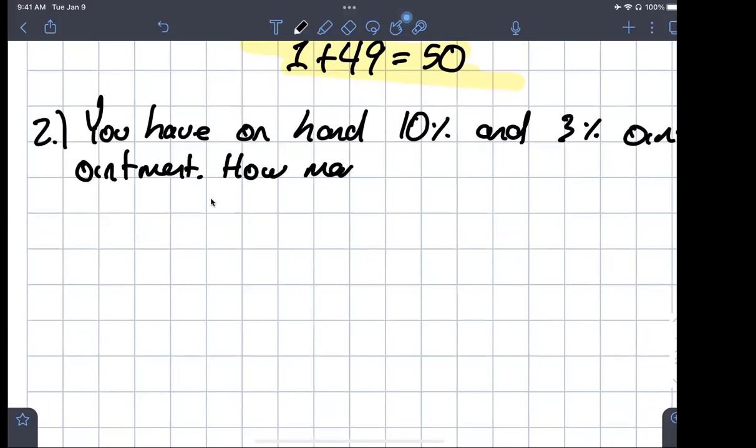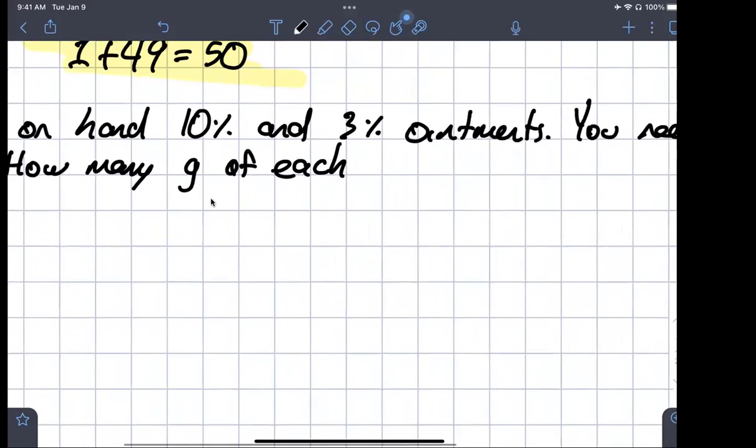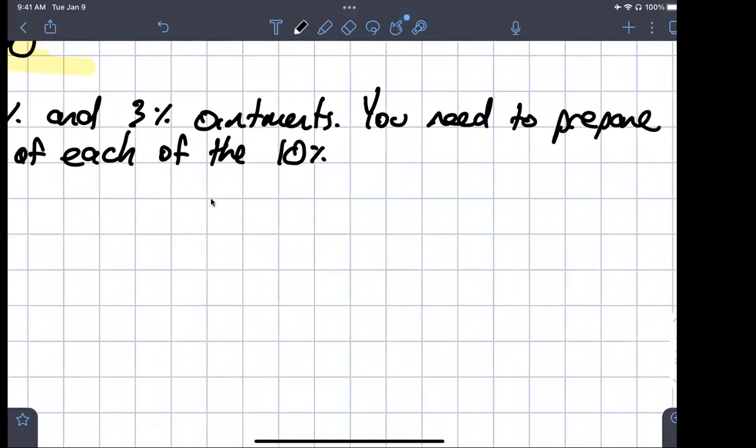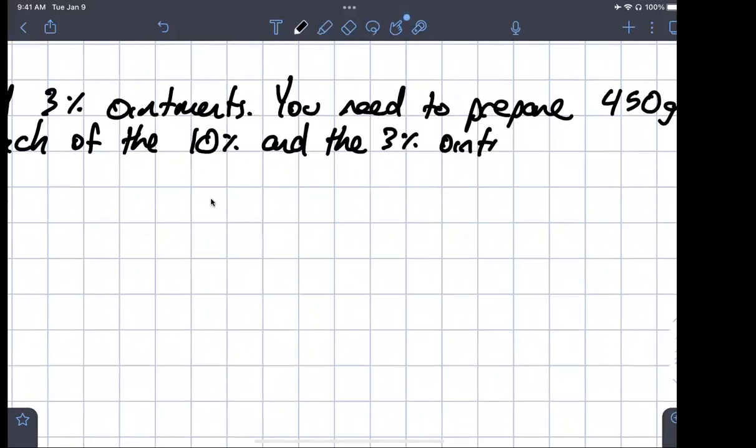How many grams of each of the 10% and the 3% ointment do you need?